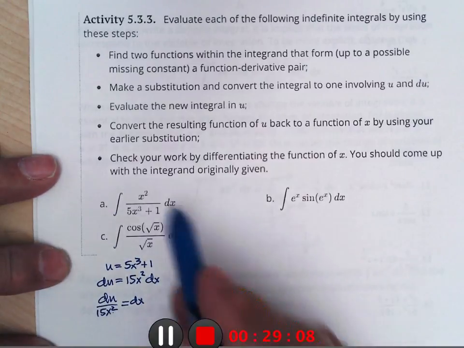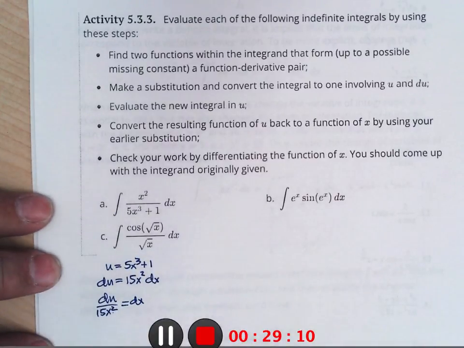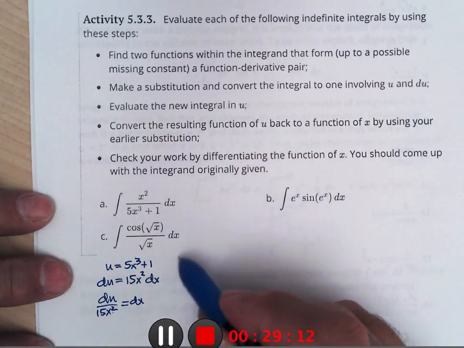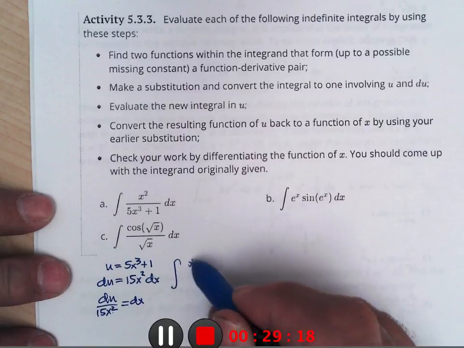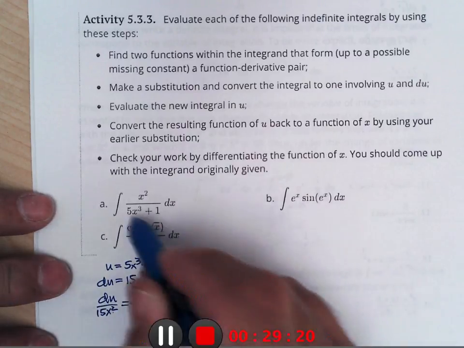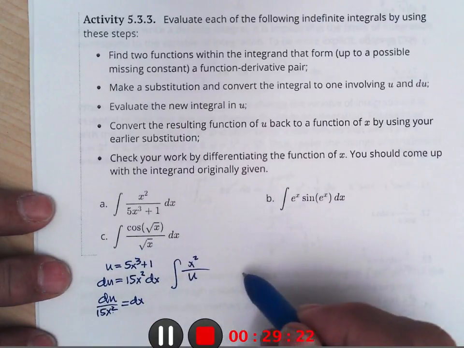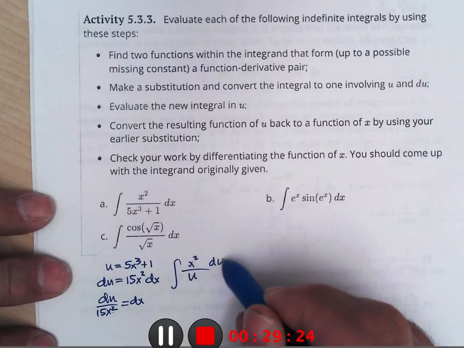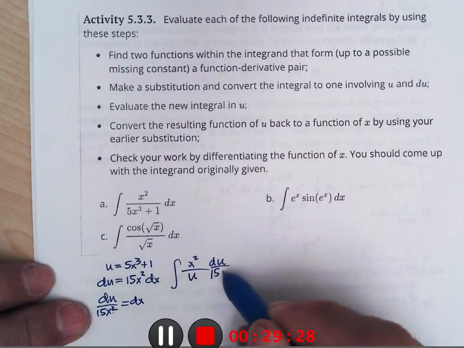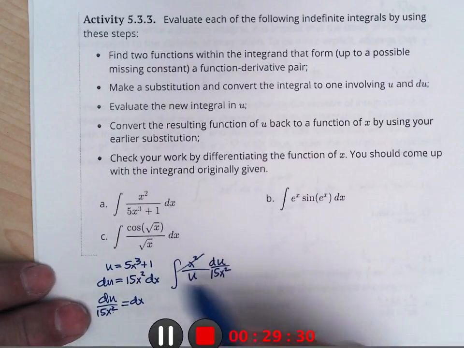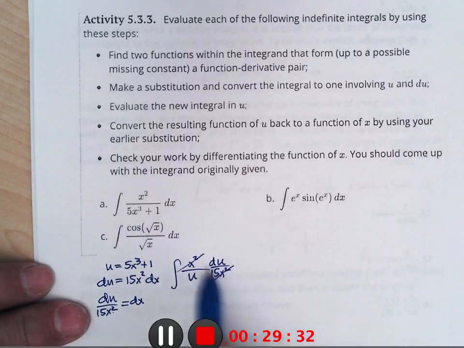That one's in the numerator, and I'm thinking this is going to work. So we'll have the indefinite integral of x squared, we didn't do anything about it, over u, and du, dx becomes du over 15x squared. The x squareds cancel. I get 1/15 because it's 15 in the denominator.